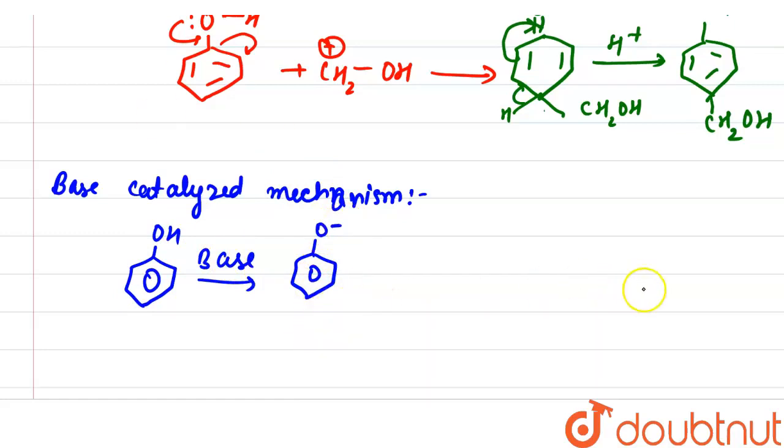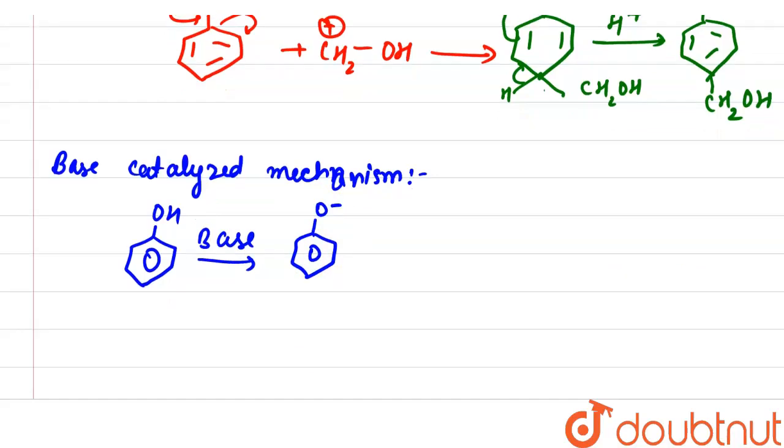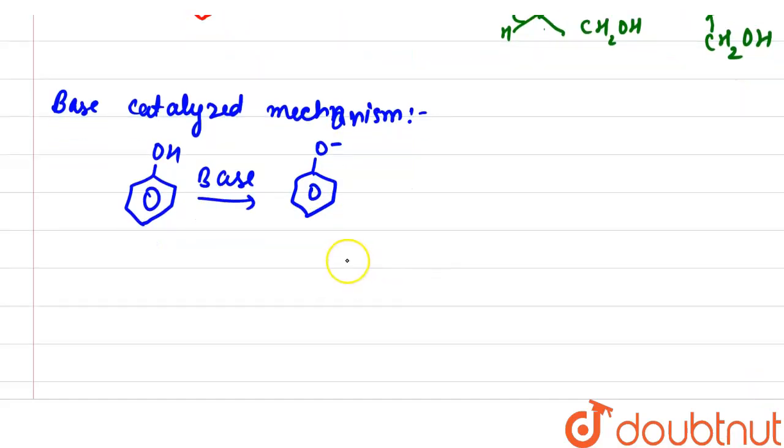Phenol is treated with base which forms phenoxide ion. Now in the next step, when this phenoxide ion is treated with formaldehyde, it substitutes at the para position. Here O negative, and here resonance will take place.